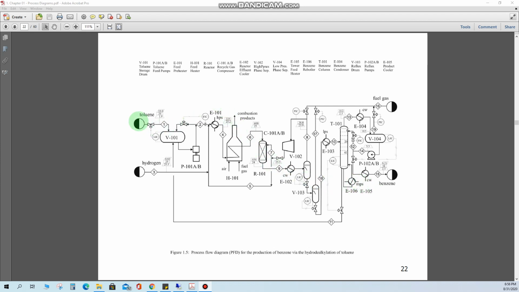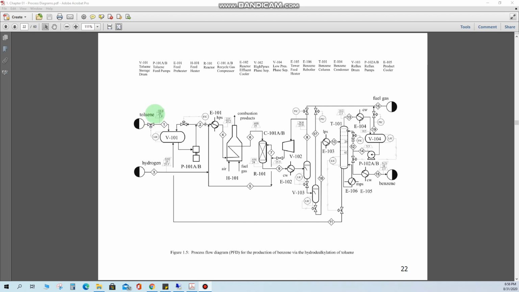flow diagram. Now on this flow sheet you will also see this kind of flag. Okay, now this flag has three things written here. Different symbols here represent different things.